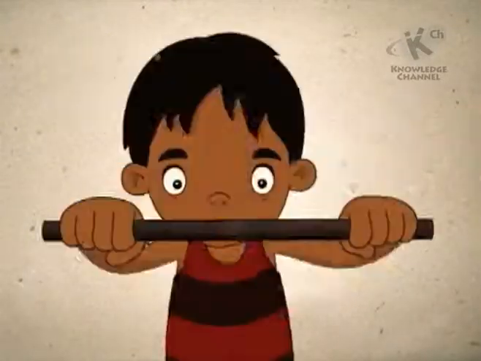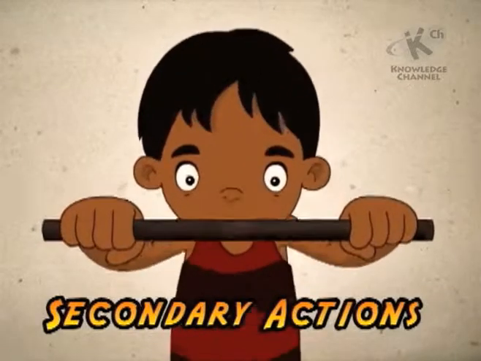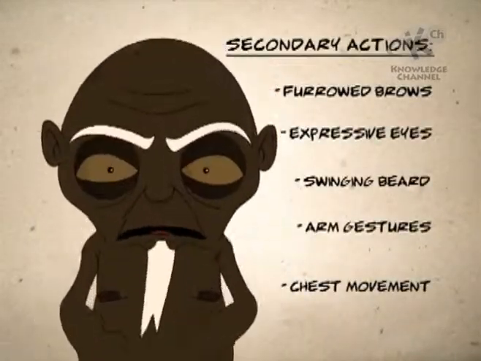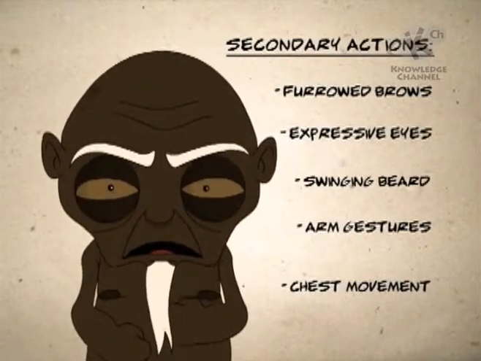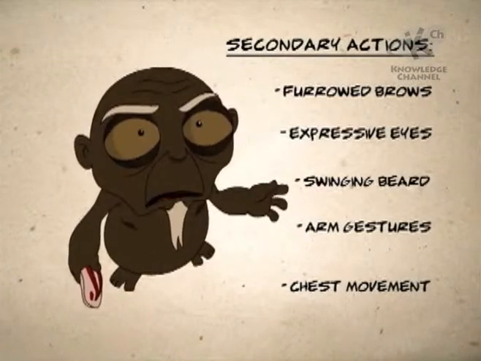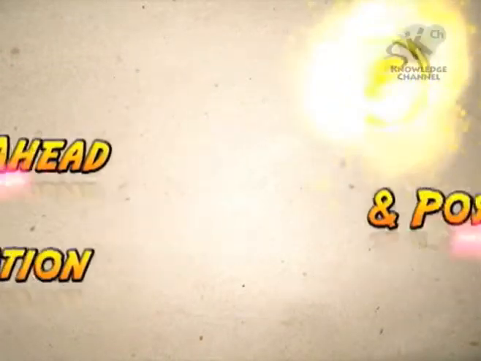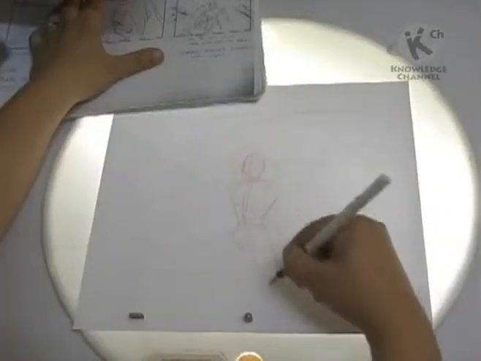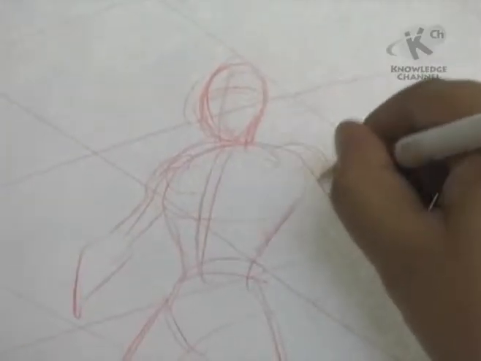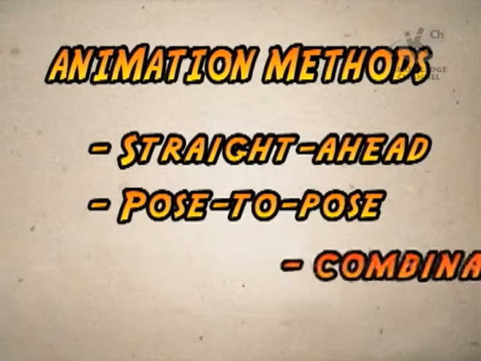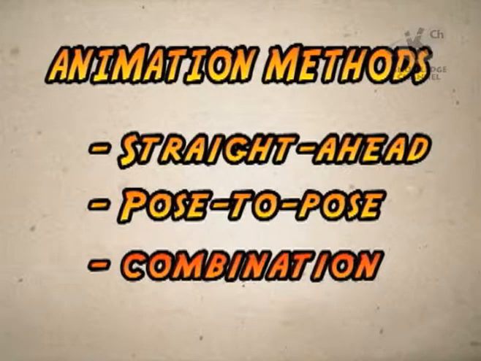Secondary action. Secondary actions also help tell the story. Additional actions such as strong gestures of the arms, a furrowed brow, a tilted head, and biting dialogue reinforce an angry stomp. Straight ahead and pose-to-pose animation. Animators have 3 ways of making their animations: straight ahead, pose-to-pose animation, or a combination of these 2.